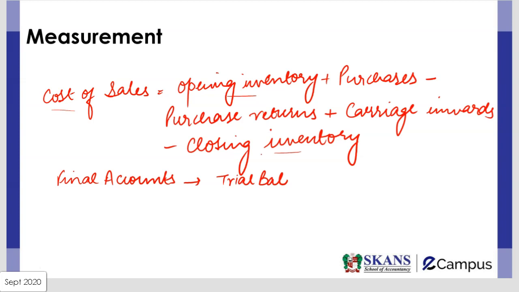If your trial balance already has given you your closing inventory, then definitely speaking, the trial balance will also include a figure of cost of sales. That cost of sales figure you can use in your P&L. The closing inventory is going to be used in your statement of financial position.